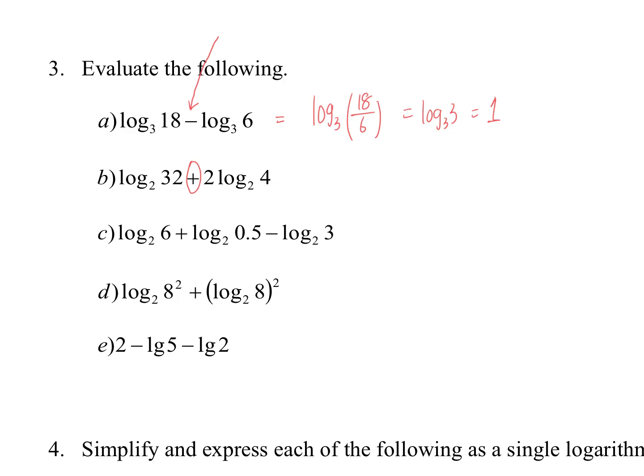So when it's plus here, what should I do to the two numbers inside? I multiply, right? But before that, you must always ensure that there is no number in front of the log expression. So this number, you need to put it back up as a power. So put it back up first. So actually it's log base 2 of 4 squared. Right? So before you can combine them, please make sure there's no number in front.